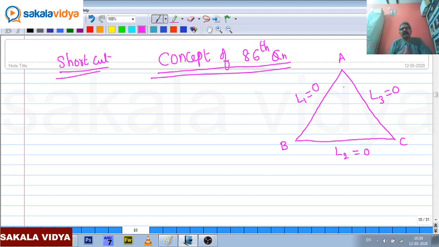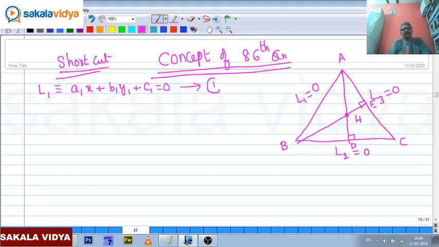What is the shortcut? Generally, we find out the altitudes. Say AD one altitude, BE other altitude. The point of intersection of these is the orthocenter. So how to find out the altitudes? Equation of the altitudes I will explain now. Consider L1 equals to A1x plus B1y plus C1 equals to 0, say equation 1.